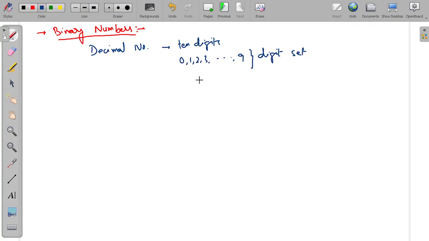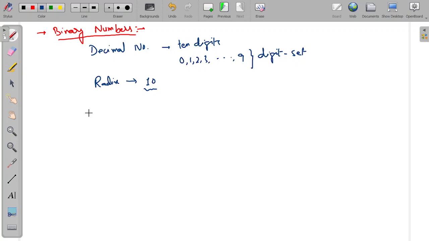A digit set consists of all the digits that are allowed for a particular number system. The radix or the base for the decimal number is 10, and this 10 is also equal to the number of digits in the digit set, which indicates that there are a total of 10 digits in its digit set.